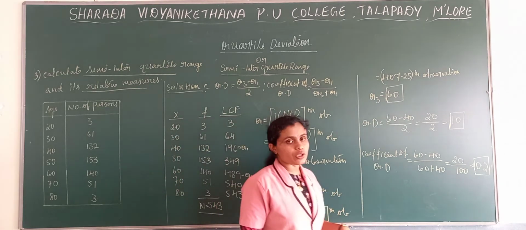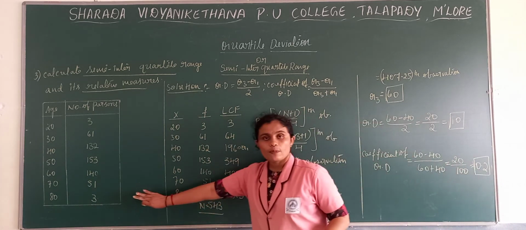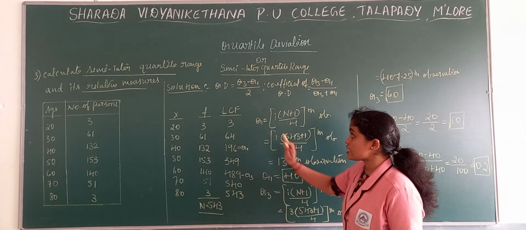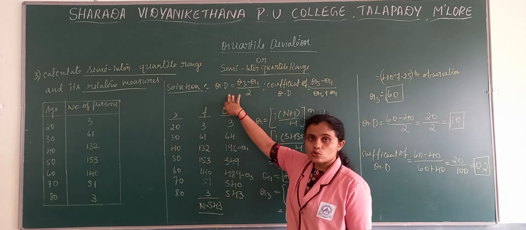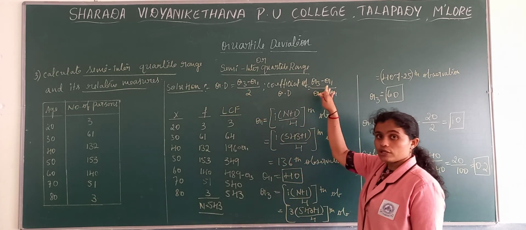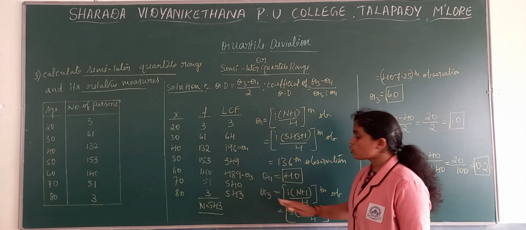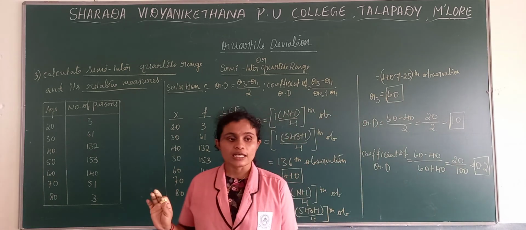So mainly you should know what formula you need to apply when you get different kinds of problems: when you get ungrouped, when you get discrete and when you get continuous, that is for quartiles. And for quartile deviation you have only these two formulas, quartile deviation and its coefficient. Formulas will change when you find Q1 and Q3 depending upon ungrouped, discrete and continuous.